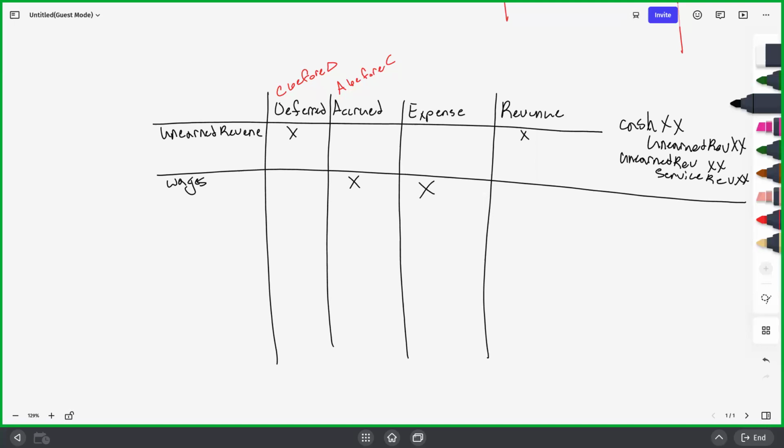So what's going to be the journal entry for that one? Wages expense, wages payable. Perfect. What's going to be the journal entry to pay them back? Wages payable debited, and then cash.